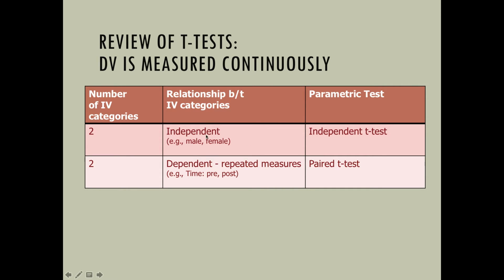Then for the paired t-test, the independent variable is paired, or they're dependent on each other. So before to after a program, or one year versus another year, they're the same people measured at two time points. The DV is always measured continuously for t-tests.